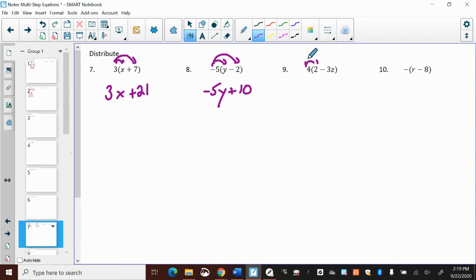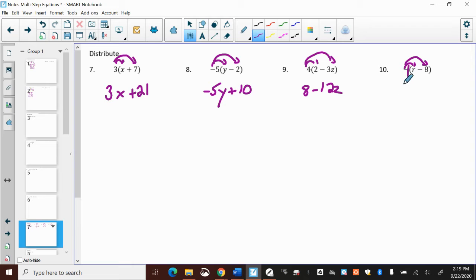Doesn't matter the order of what's inside the parentheses. You just make sure you multiply to each term. 4 times 8 is 32. 4 times minus 3 is minus 12z. Here it looks like a minus, but there's really like a little 1 sitting up here. So you're really taking negative 1 and multiplying it inside.